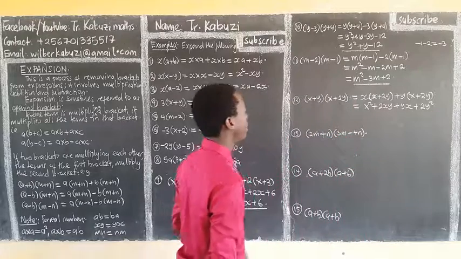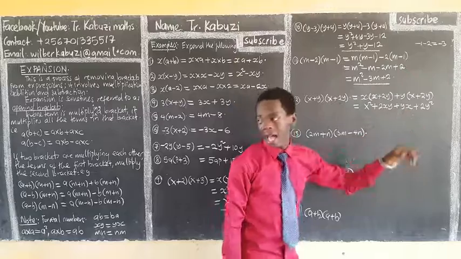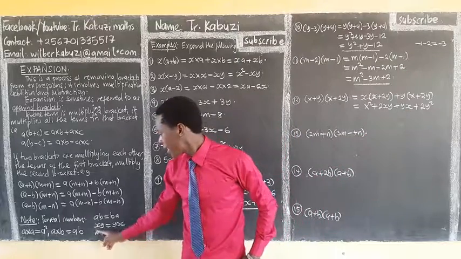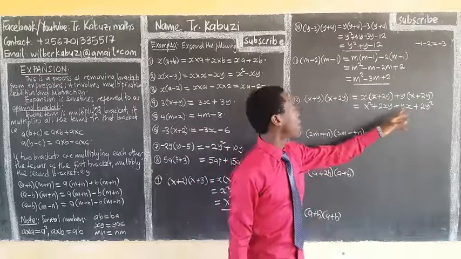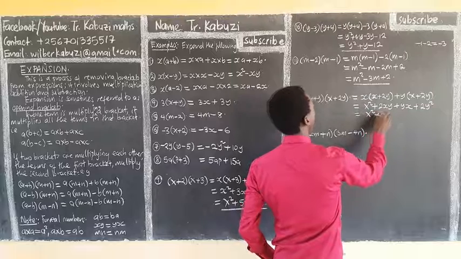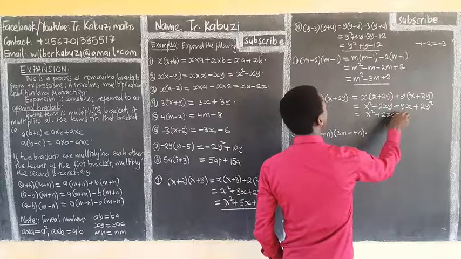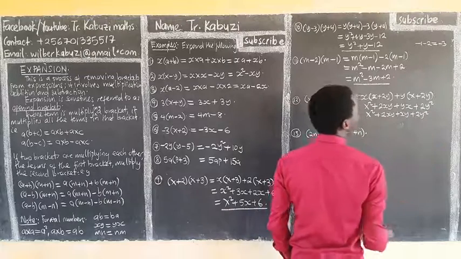But remember we say xy and yx are the same. xy is equal to yx. That's why I'm going to add up. I can give this step as x squared plus 2xy, then plus xy, then plus 2y squared. Why?